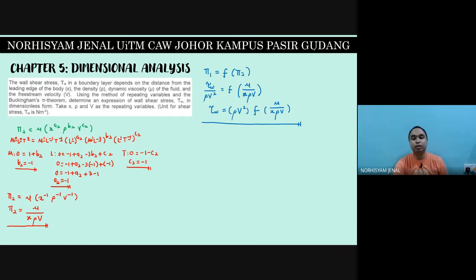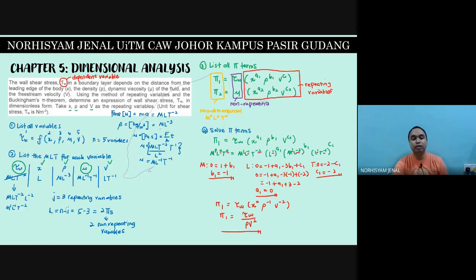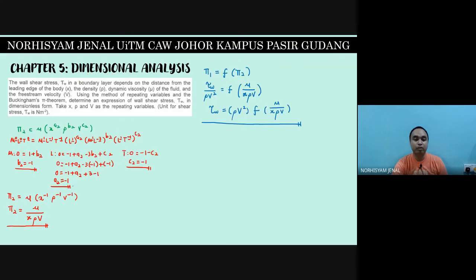Okay, so if we can see from the first page, if we have only five parameters or variables, and then we already have 3 repeating variables, we only have 2 pi's. So we don't have to solve a lot of pi terms. So we have pi 1 and pi 2. So the answer will be in terms of pi 1 equals to the function of pi 2.